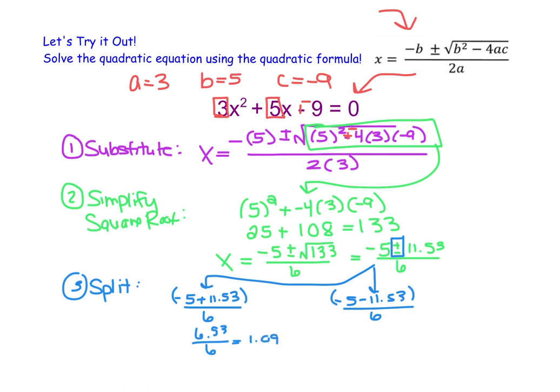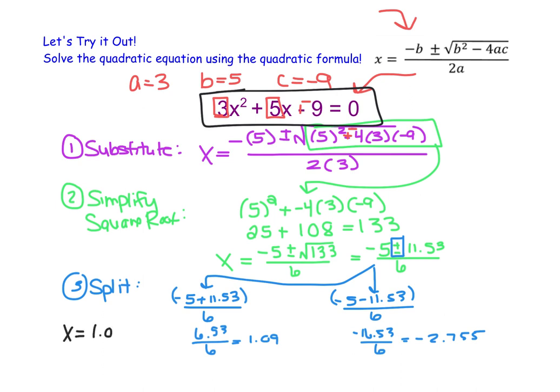And then the second problem over here, I take negative 5 minus 11.53, which becomes negative 16.53 in my numerator, divided by 6, which if I divide that out is about negative 2.755. So here I have two possible values for x that will make this original equation true. I have x is equal to a positive 1.09, and I have x is equal to a negative 2.755.